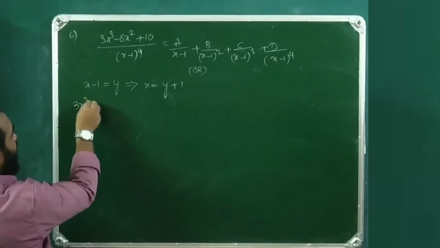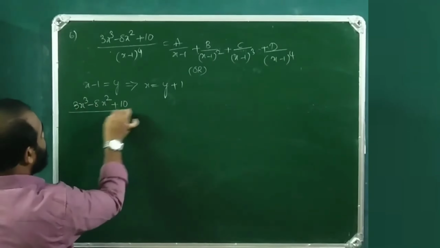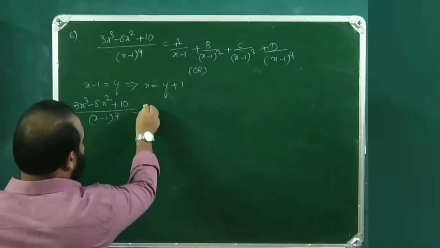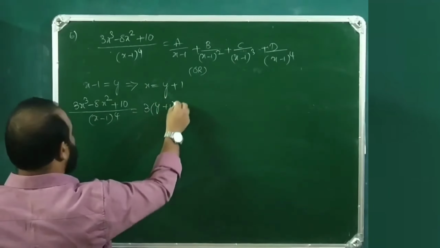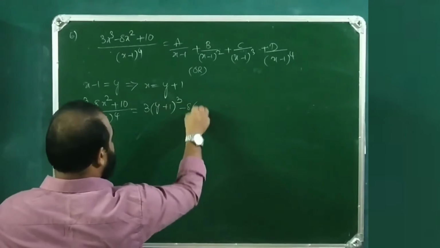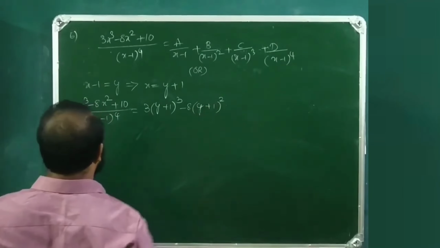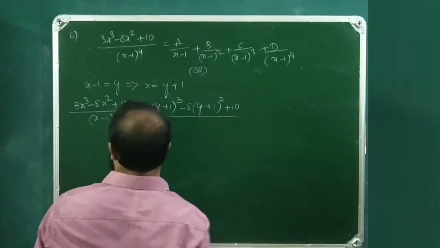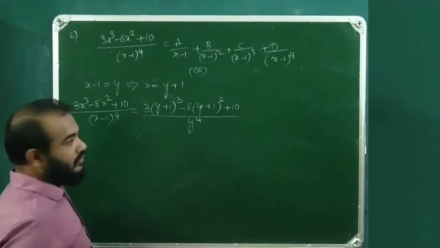So 3x cube minus 8x square plus 10 by x minus 1 whole power 4 is equals to 3 into the value of x, y plus 1 whole cube, minus 8 into y plus 1 whole square, plus 10 by x minus 1, which is y power 4.